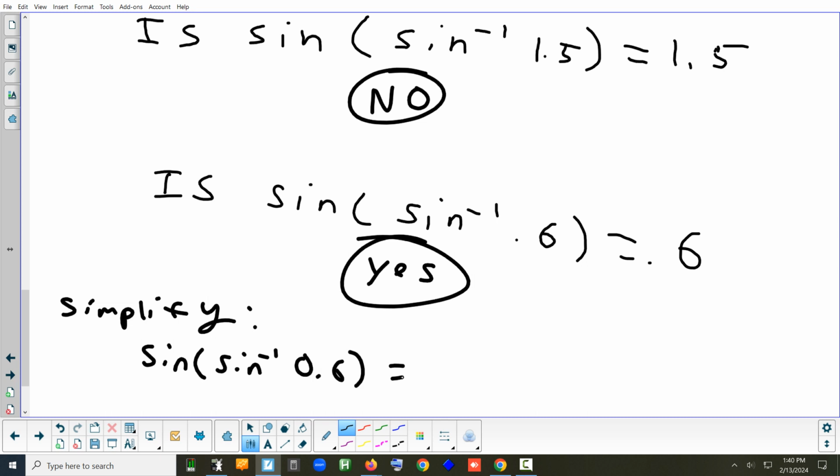That doesn't work. It's like me asking you what time it is, and you say yes. So sine of inverse sine of 0.6. What would that simplify to? 0.6. Okay, I wouldn't give you one to simplify that you can't simplify. Right. So any question on the difference between is something equal to something versus simplify? Okay.